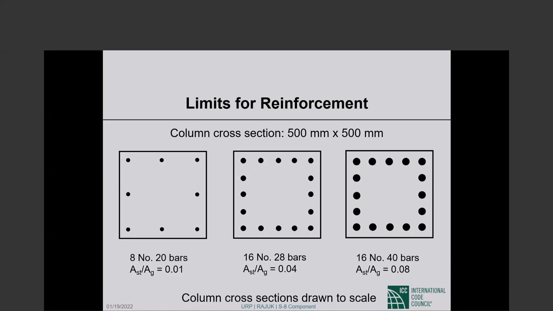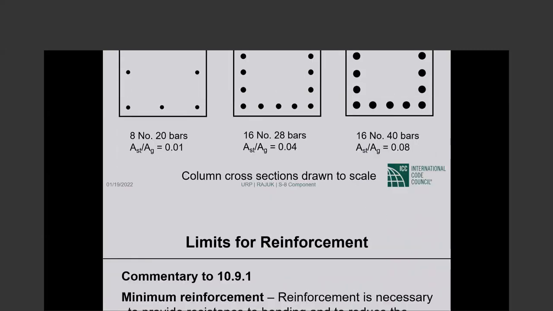So if you remember one thing out of this entire session on columns, it should be, do not cram too much reinforcement in your column. 3% is already high. 4% is way too much. Okay, the best columns again are the ones with 1.5% reinforcement. All columns cannot have that. Remember, you are designing a column stack. Some columns will have more, but your aim is never to go to 4%.